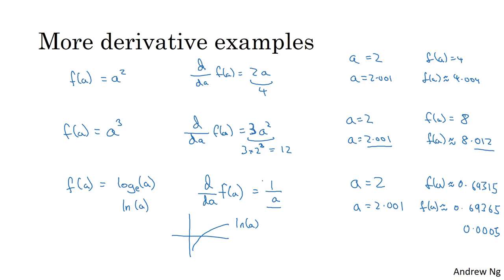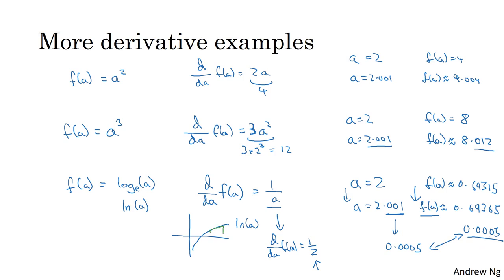And indeed, if you look at the formula for the derivative, when a is equal to 2, the derivative of f(a) is equal to 1/2. So this derivative formula predicts that if you bump up a by 0.001, you would expect f(a) to go up by only 1/2 as much, and 1/2 of 0.001 is 0.0005, which is exactly what we got, right? When a goes up by 0.001, going from a equals 2 to a equals 2.001, f(a) goes up by half as much, so it ends up going up by approximately 0.0005.